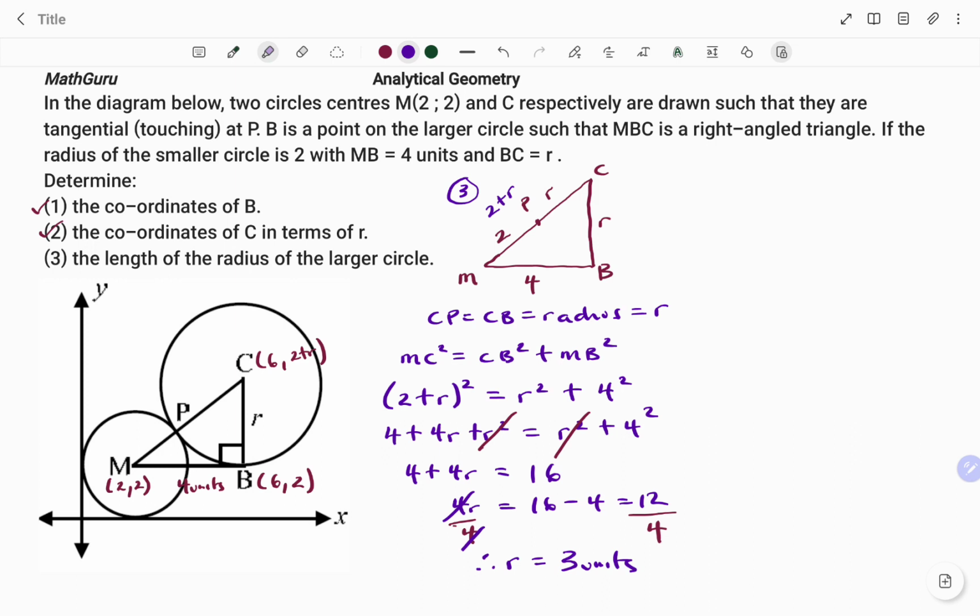Note that the radius of the larger circle is also R, the distance from the center to B. So the radius of the larger circle is R, which is 3 units.